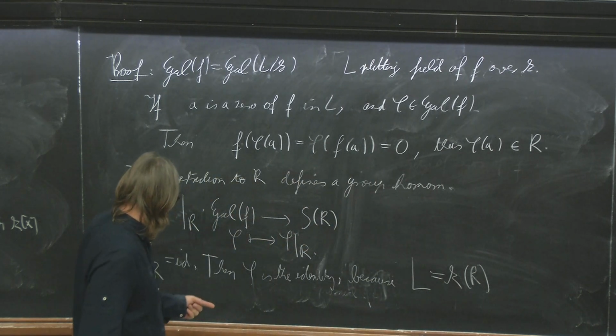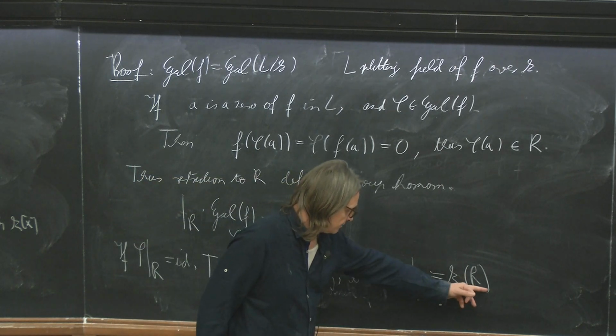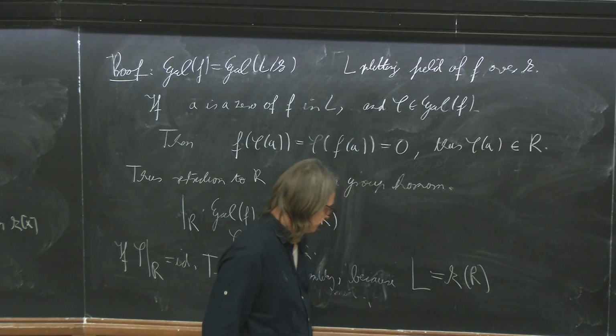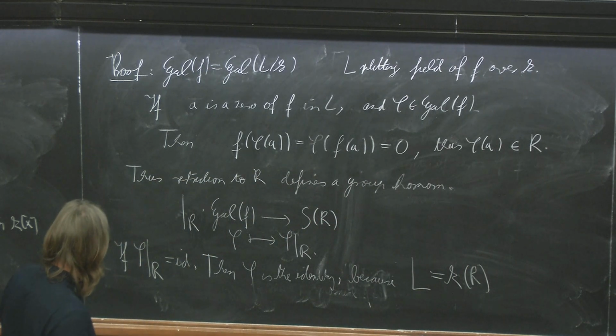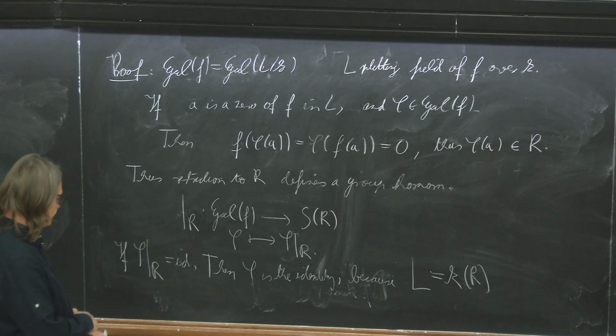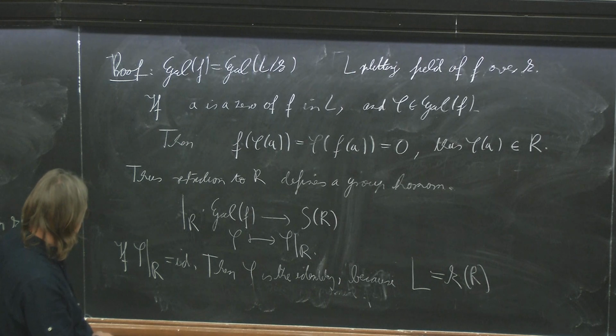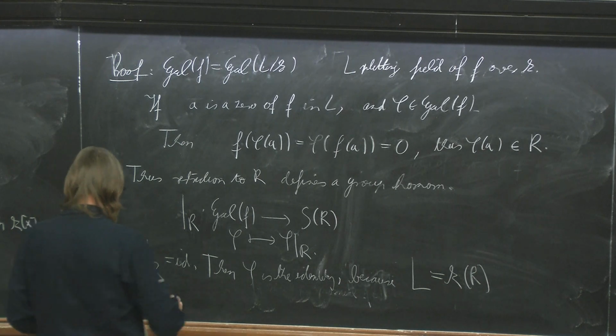And so if phi is the identity on all elements in R, and it's also the identity on k, then it's the identity on this, and therefore on L. So the kernel of this homomorphism consists just of the identity, so this homomorphism is injective.